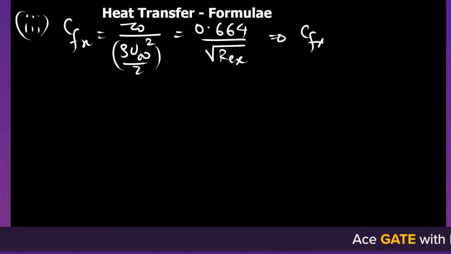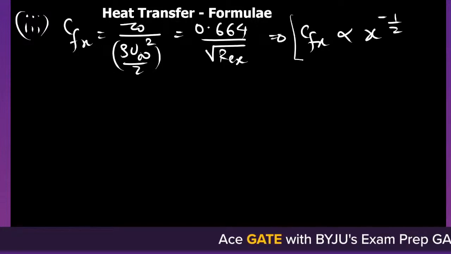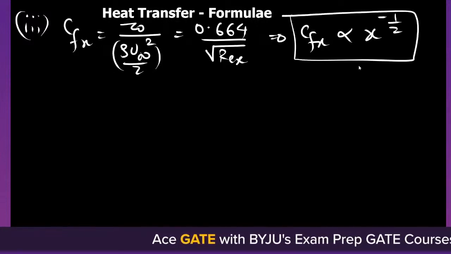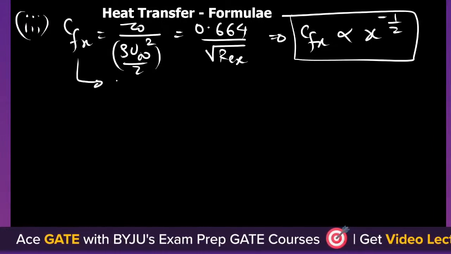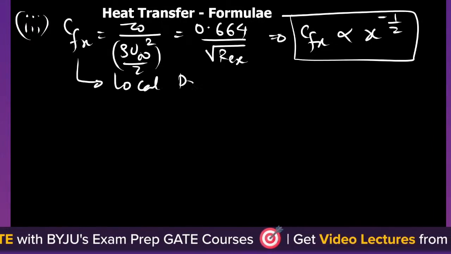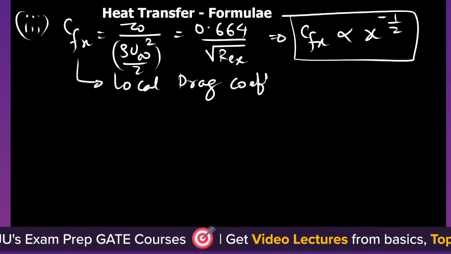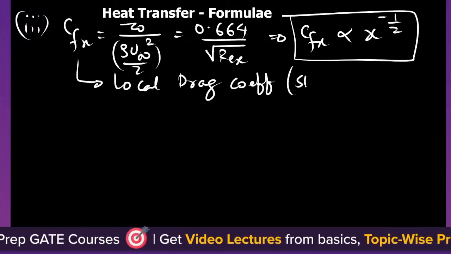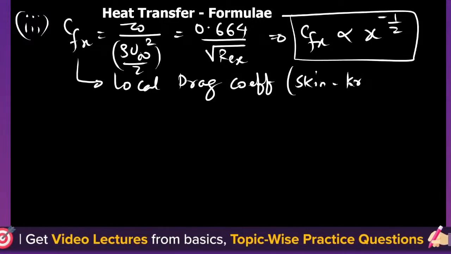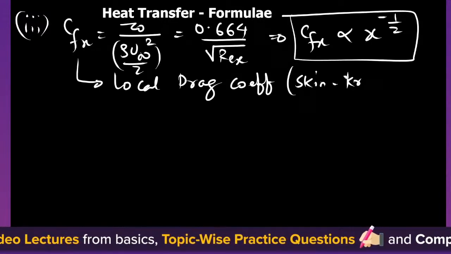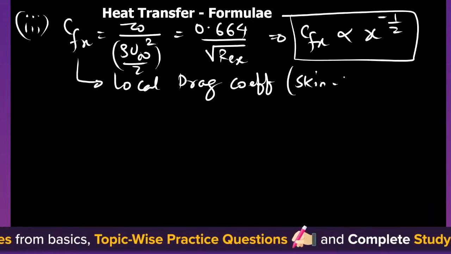So we can say Cfx is proportional to x to the power minus 1 by 2, that is, Cfx is inversely proportional to root x. That is called the local drag coefficient or local skin friction coefficient.